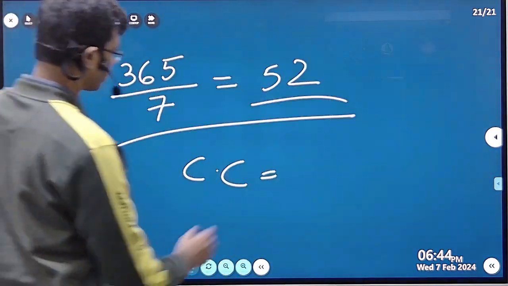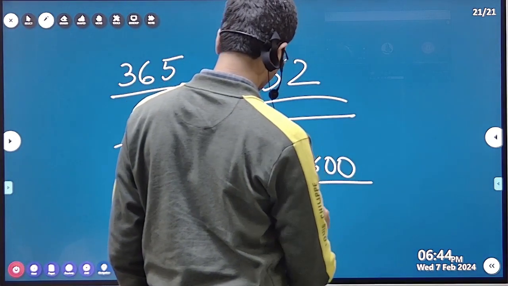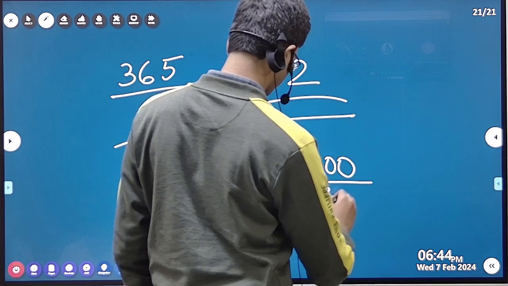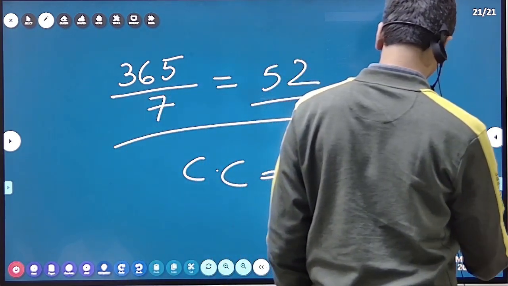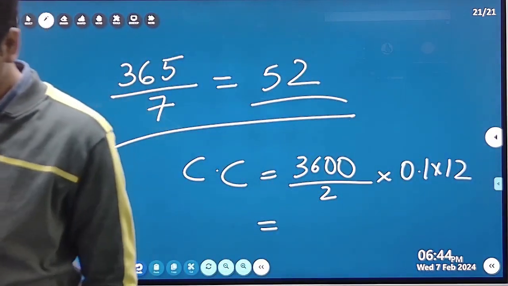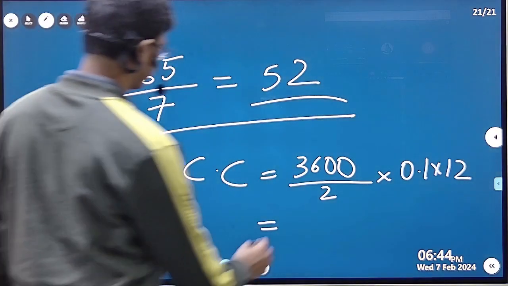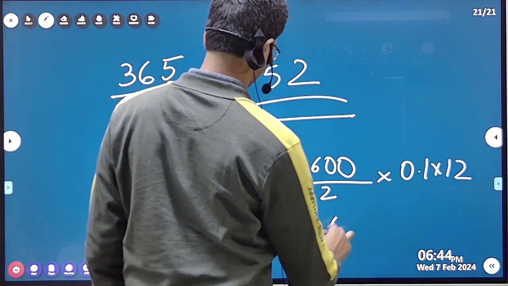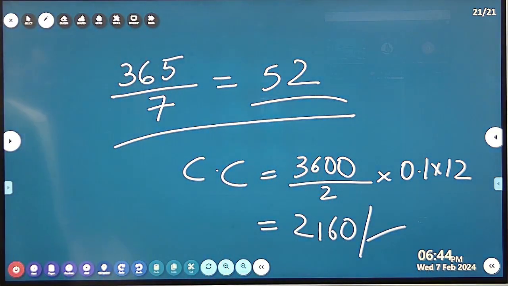So that is 3600 divided by 2 into 10 paisa into 12 months. That is 2,160. That's it.